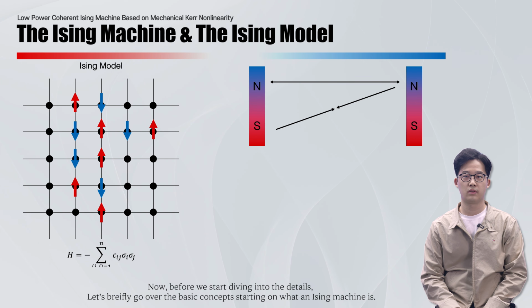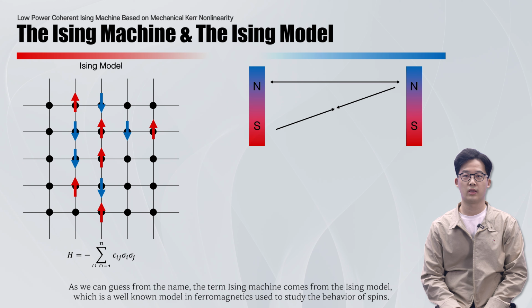Now, before we start diving into the details, let's briefly go over the basic concepts, starting with what an Ising machine is. As we can guess from the name, the term Ising machine comes from the Ising model, which is a well-known model in ferromagnetics used to study the behavior of spins.